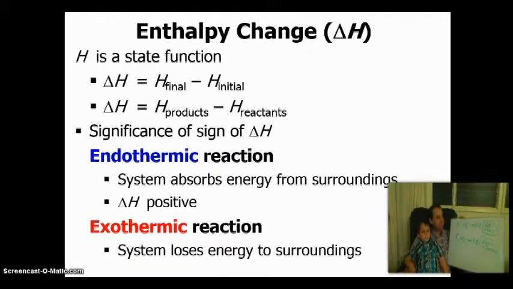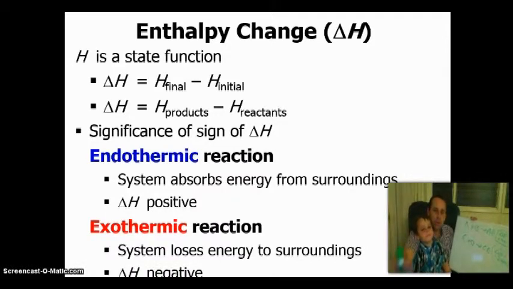If the delta H is a positive value, that is an indication that we have an endothermic reaction. And if the delta H is a negative value, that's an indication that it's a heat energy releasing reaction, so it loses it to the surroundings.